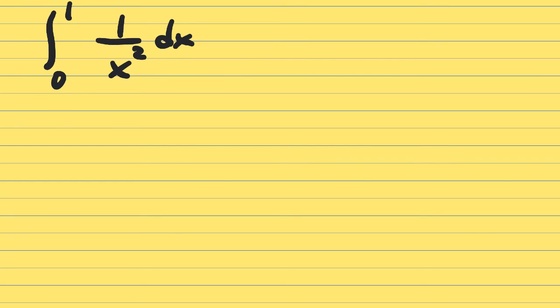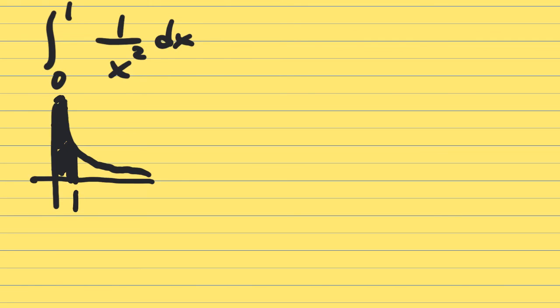One over x's graph from 0 to 1 is still that quadrant 1 portion. It's still going to look like that. But to go from 0 to 1, we're looking at this asymptotic part until we reach 1. And so there's where we're looking at for area.